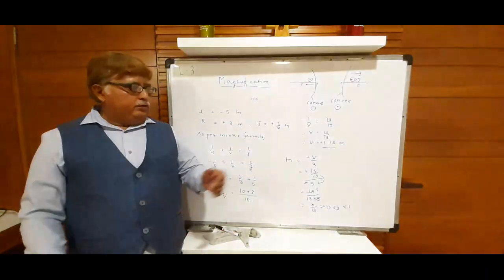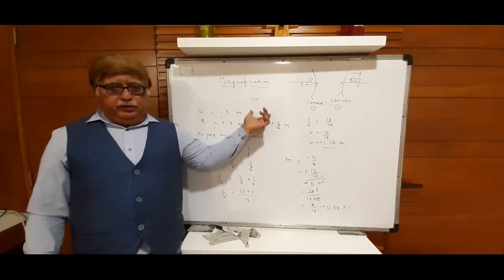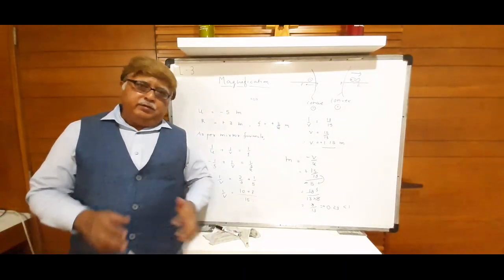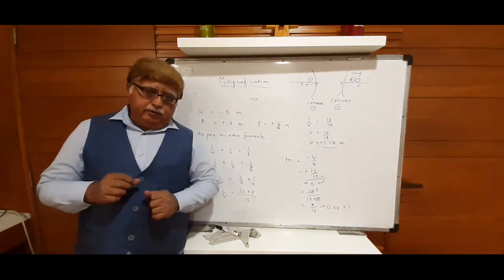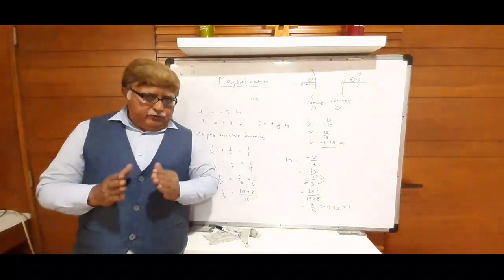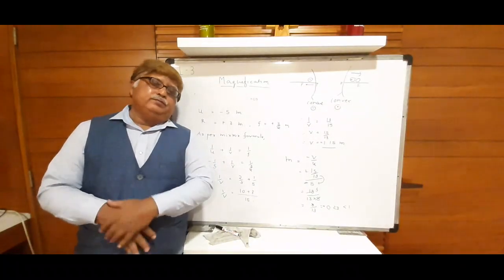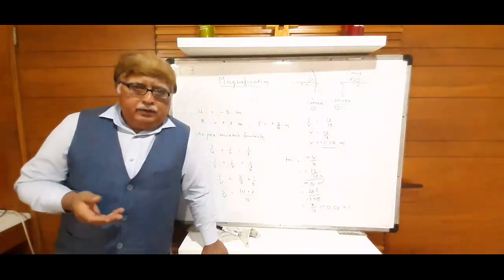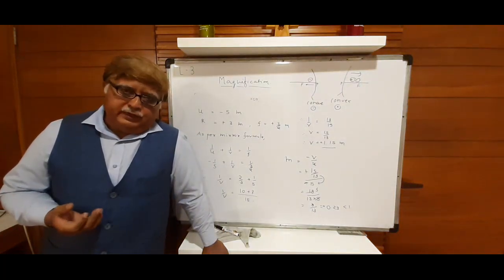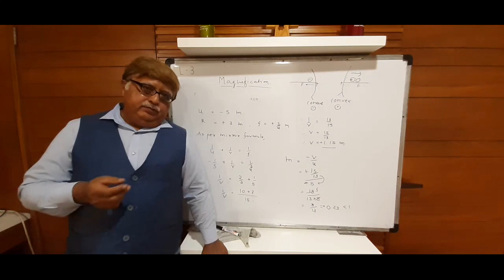Question number 4. Repeat the same numerical. The same numerical we discussed here, you have to write the question again and you solve the numerical again. Okay, this is your question number 4. And one more, question number 5. Understand? Let me dictate you.